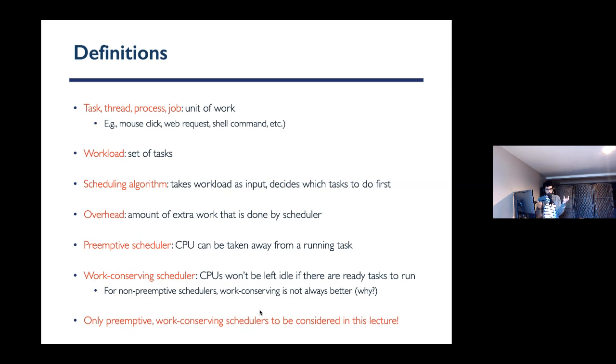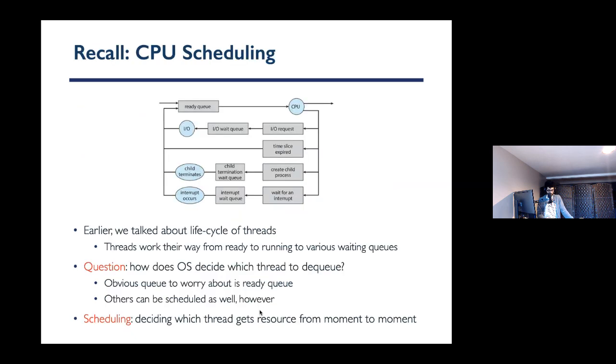Whenever we're comparing different algorithms, we're going to assume that overhead is 0. If you get a question in your quiz, unless it says that there is overhead associated with it, you should assume that overhead is 0.